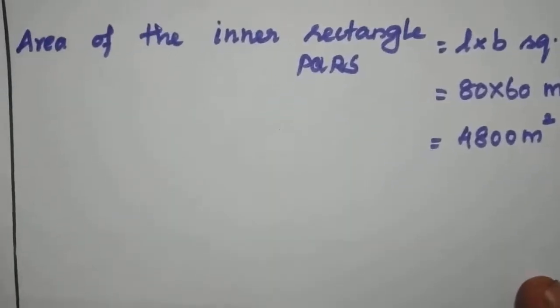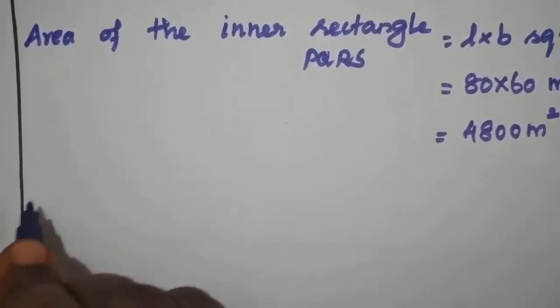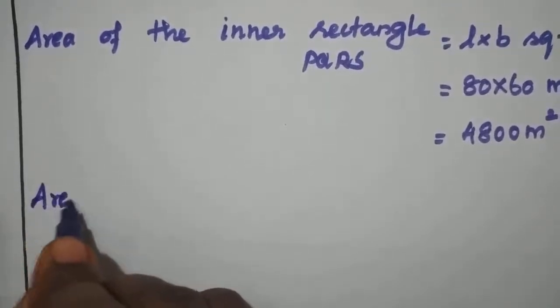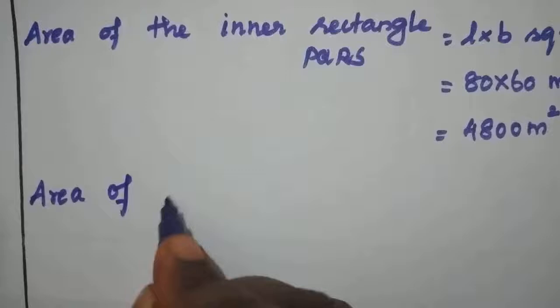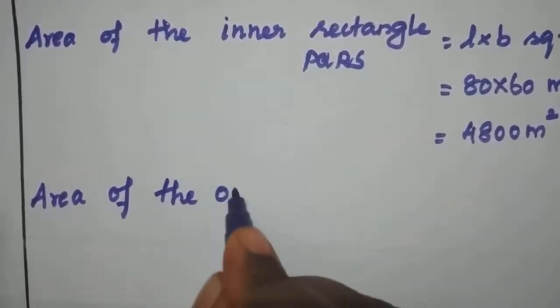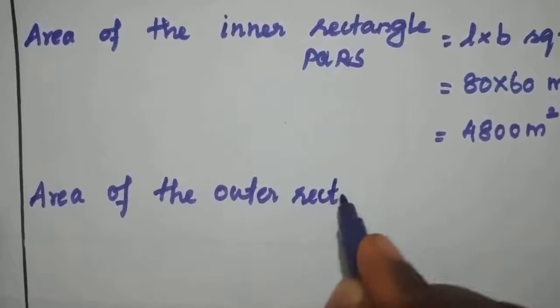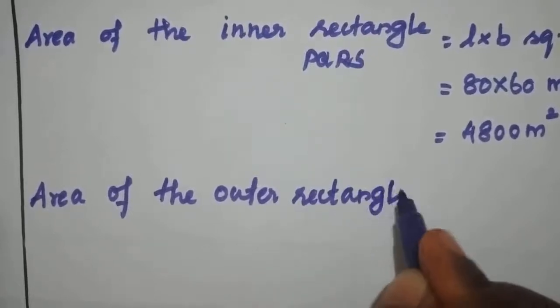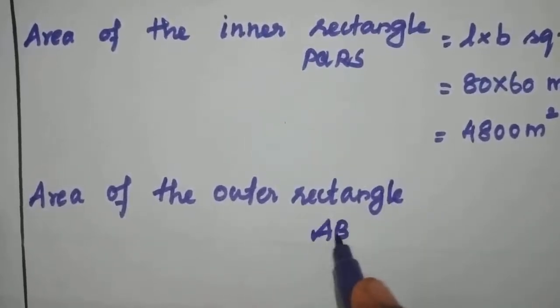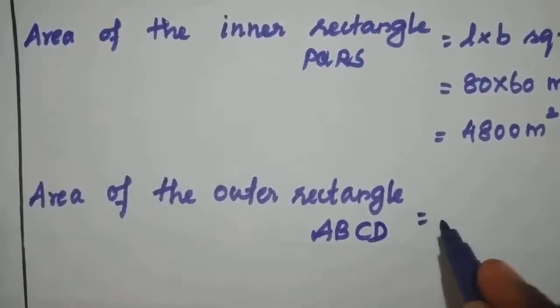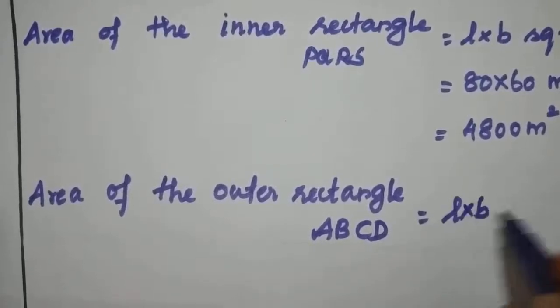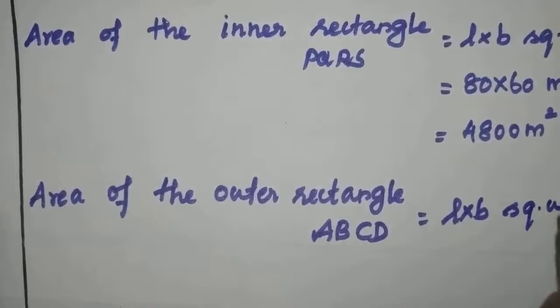What is the next step? Yes, we have to calculate the area of the outer rectangle, that is ABCD. The formula is length into breadth square units.